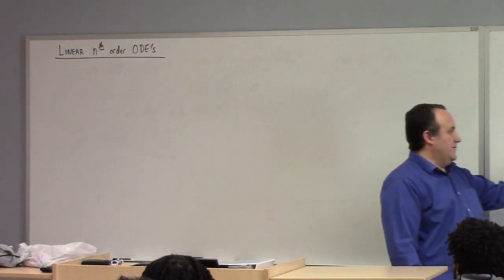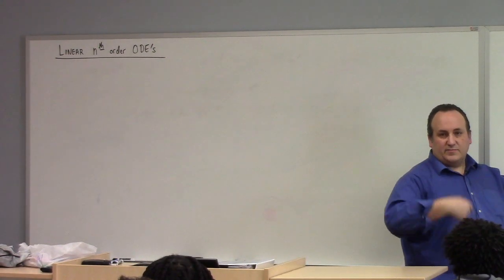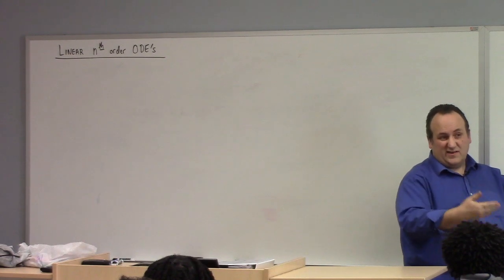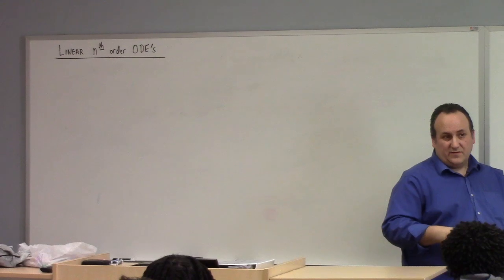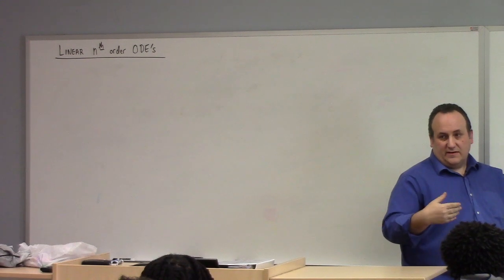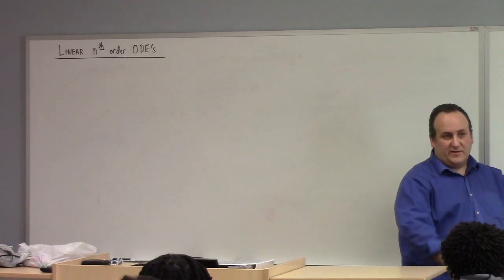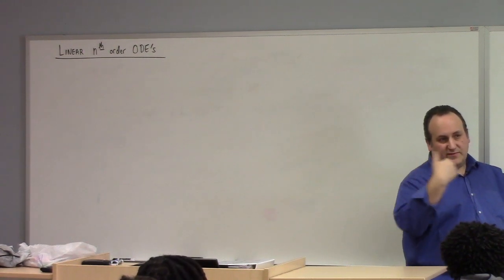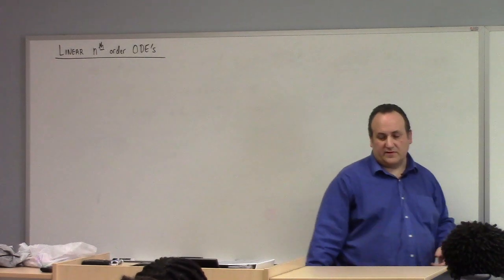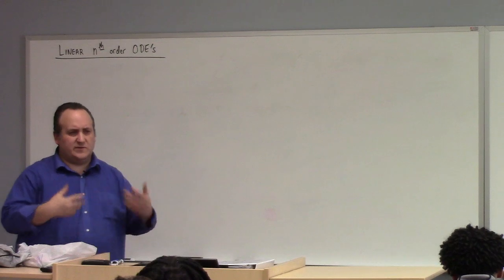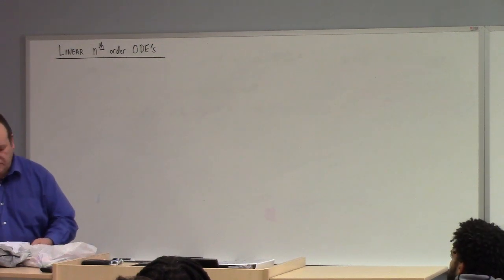For example, if you have a plus bx plus cx squared equals 0, and that's true for all x, can you show that a, b, and c have to be 0? It's pretty easy. You just plug in 0, it gives you a is equal to 0. Differentiate, plug in 0, it gives you b is equal to 0. Differentiate 2 times, plug in 0, it gives you that c is equal to 0. These calculations you saw when you studied power series in calculus 2.